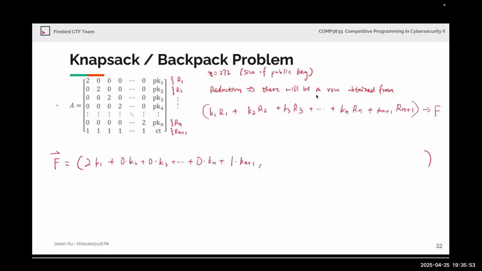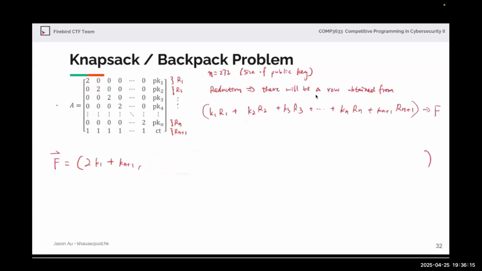So actually, because these are all 0, I just skip them, and then this is 1, so I just use plus. So this is simple enough. Okay, so for the second column, the second element, we have all this 0, so only K2 is significant.